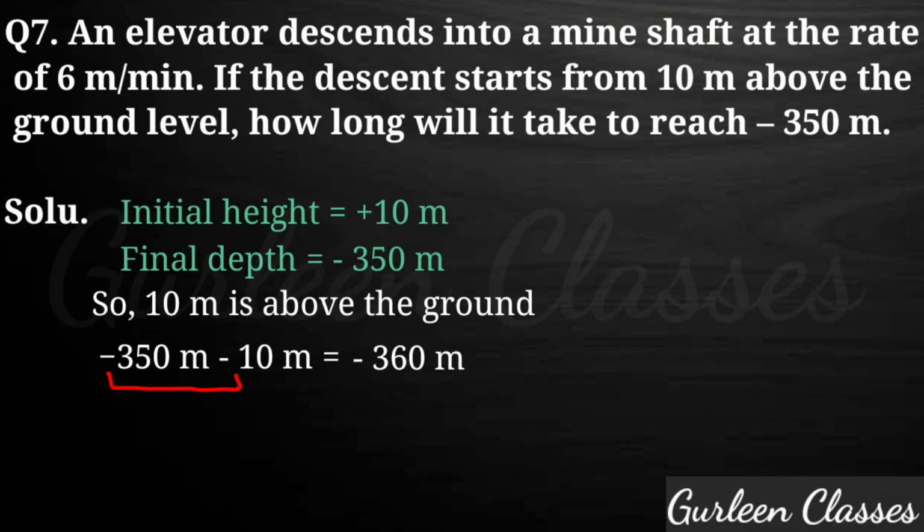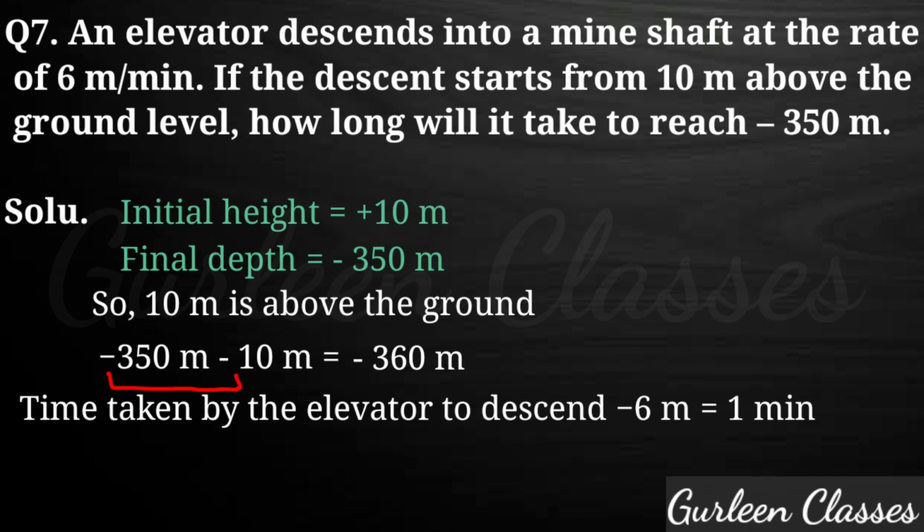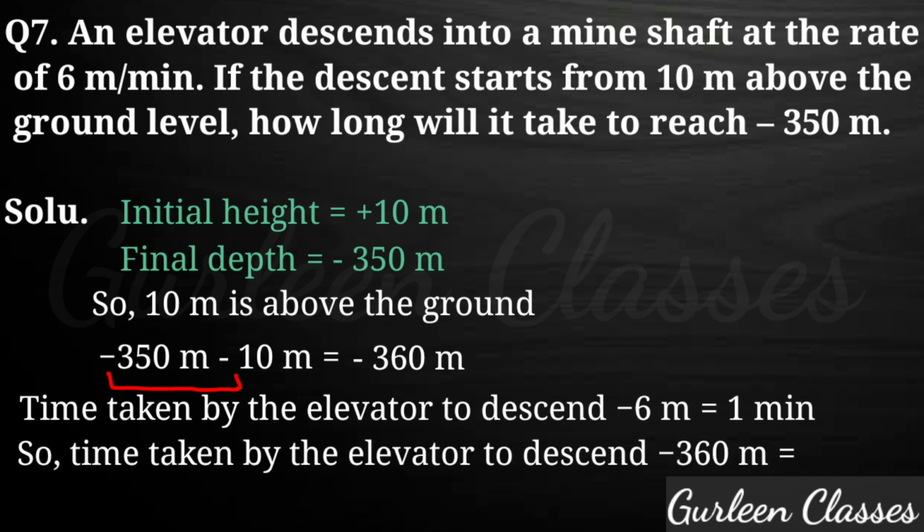So now let us see how much time it will take to cover this much height. So it is given that time taken by the elevator to descend minus 6 meter is equal to 1 minute. Why are we saying minus 6 meter? As it is downwards. So time taken by the elevator to descend minus 360 meter will be equal to minus 360 divided by minus 6.